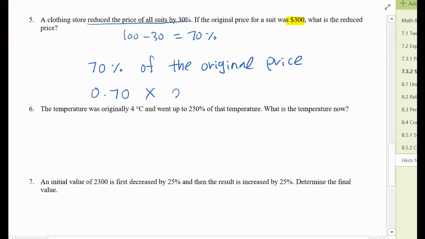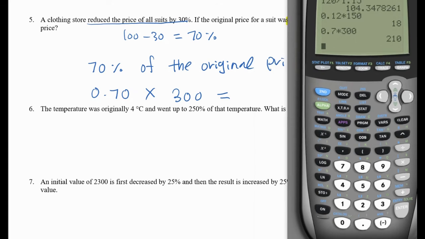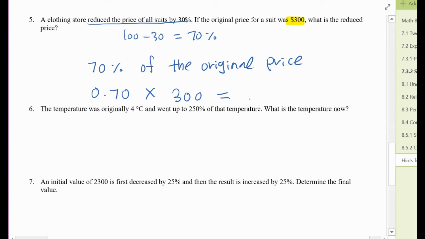That's 300. Let's calculate it. So 0.7 times 300. That is 210. The answer is $210. So the reduced price is $210. Okay?